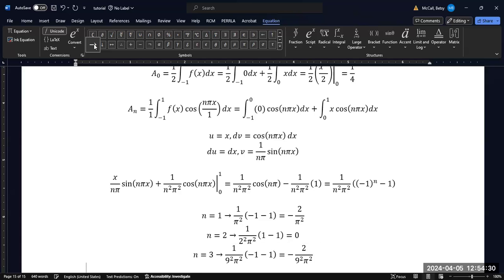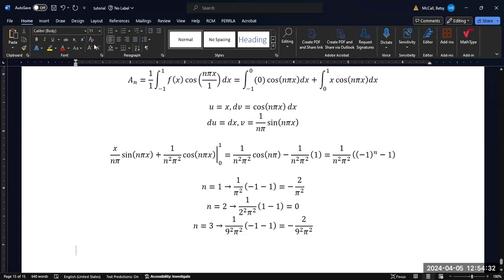And this pattern will continue so that even terms will give 0, and odd terms will reduce to minus 2.